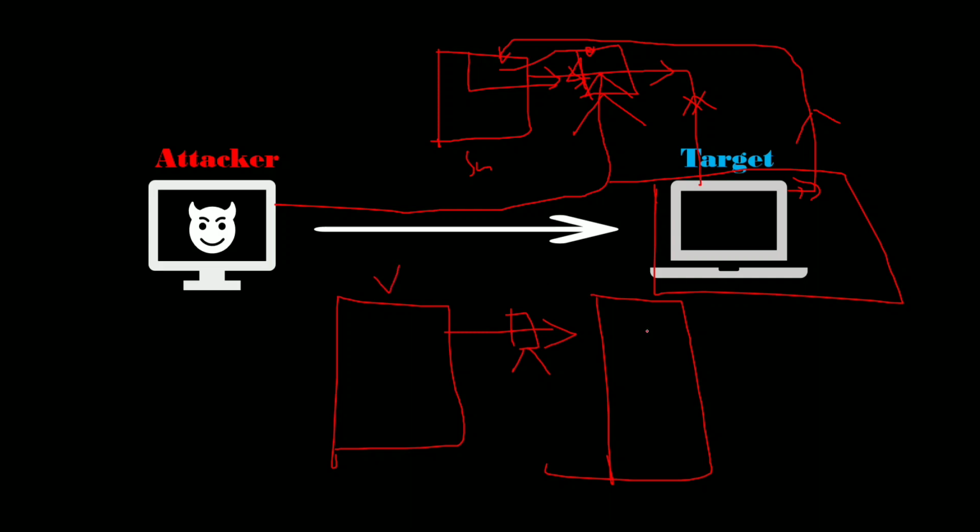He does not come in the first way. He first lets you connect with the server, and after that he comes in with packet sniffing. He will sniff all the private packets and stay in the middle.